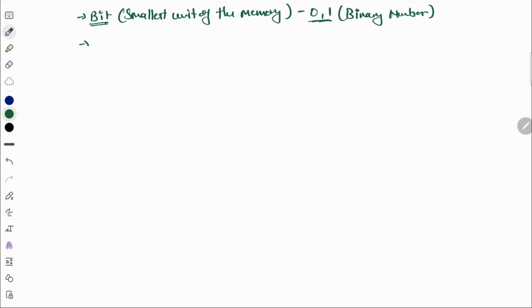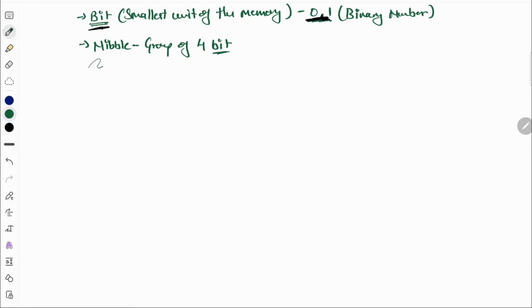Second is nibble. Nibble is a group of 4 bits. Bit is the smallest memory unit which works on binary numbers 0 and 1. Nibble is a group of 4 bits.